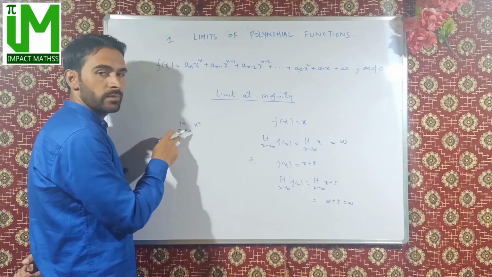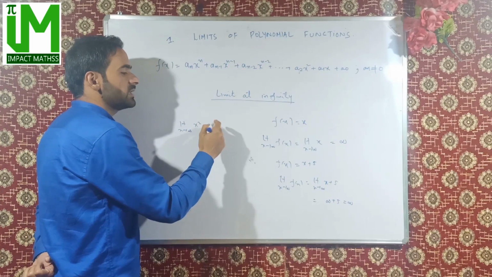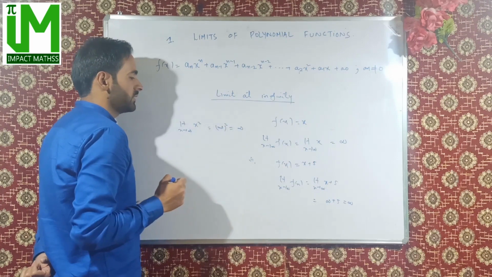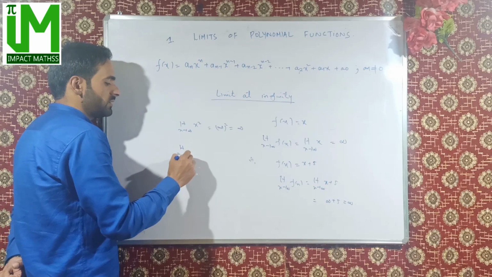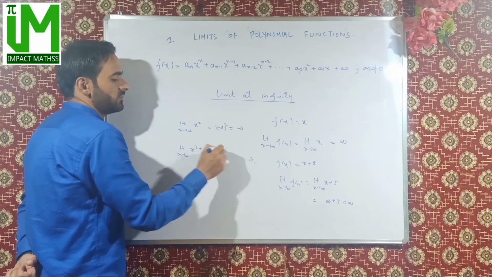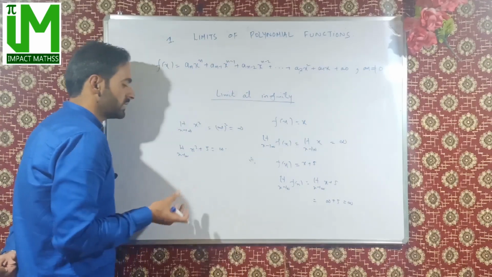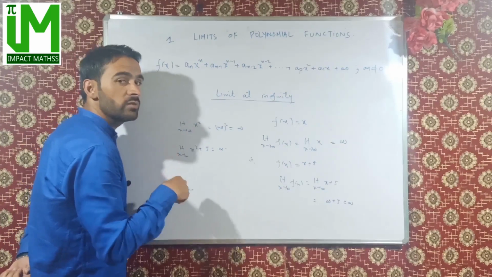Again, if we have limit x tends to infinity of x square, then it will be obviously infinity square, which will be again infinity, which means limit x tends to infinity of x square plus 5 or any other constant is again infinity. So if we proceed likewise, we can say limit of any polynomial function at infinity will be infinity.